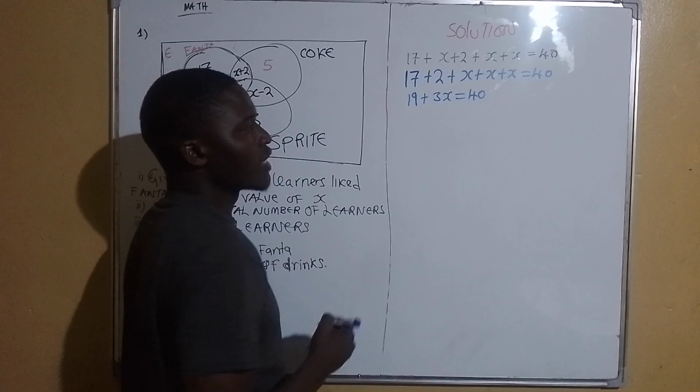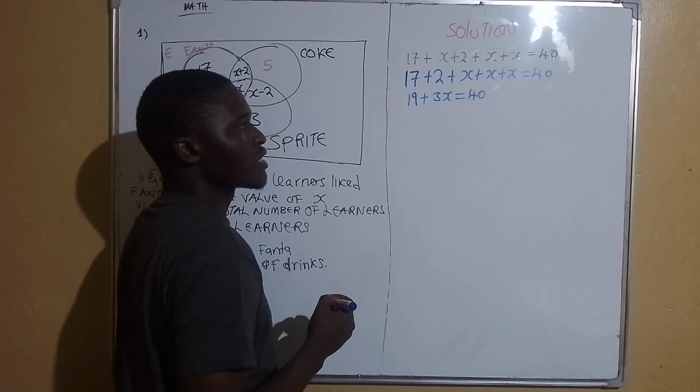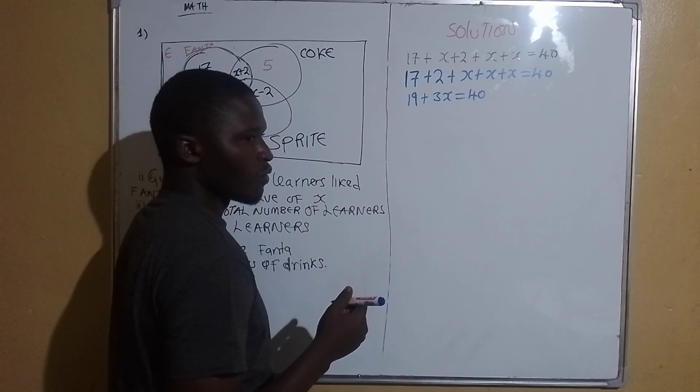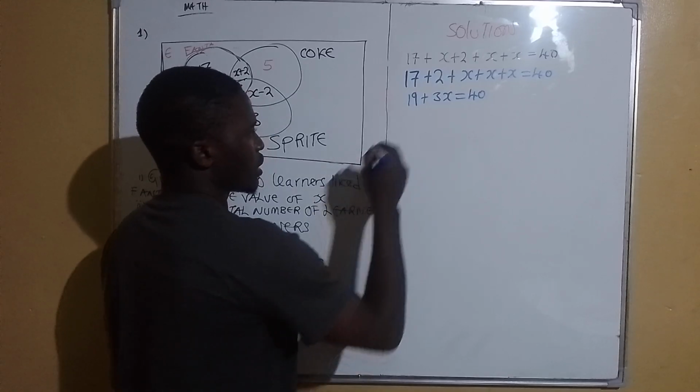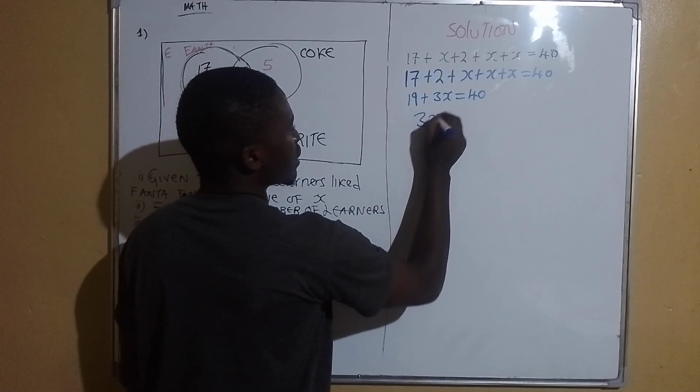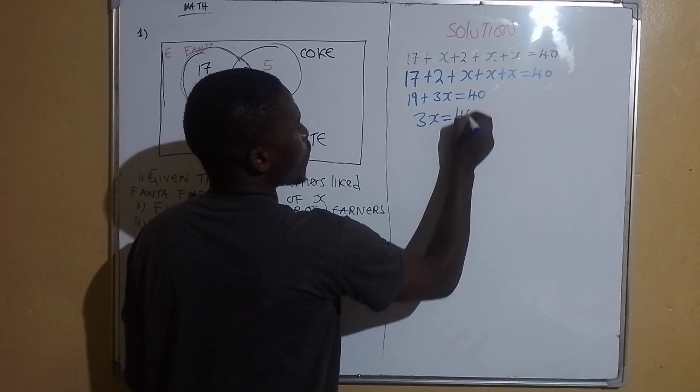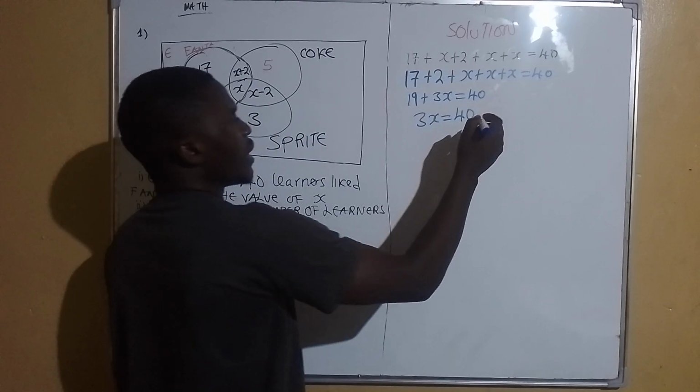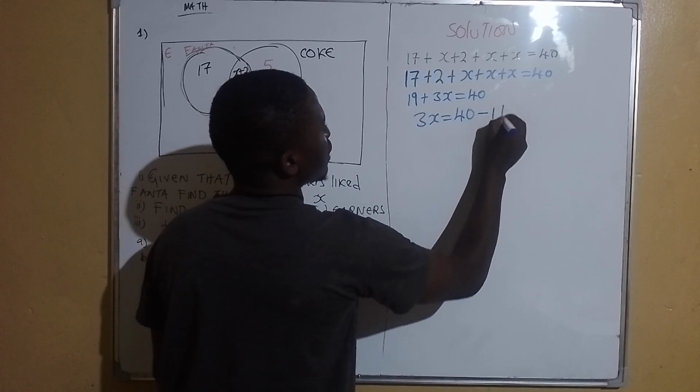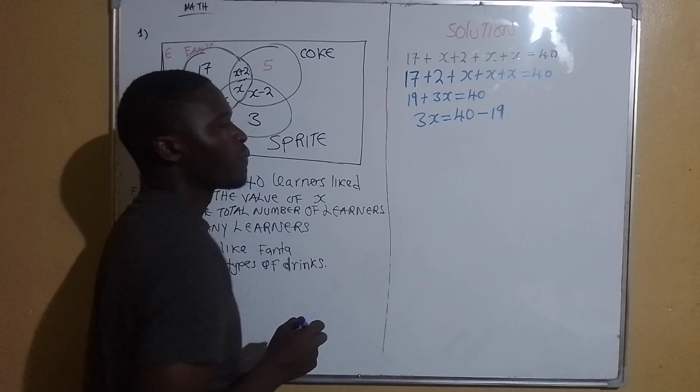Group like terms again. Since you are solving for X, make X the subject of the formula. So in this case, 3X is equal to 40. Take this 19 to the other side, you are going to have minus 19, because here it's positive.